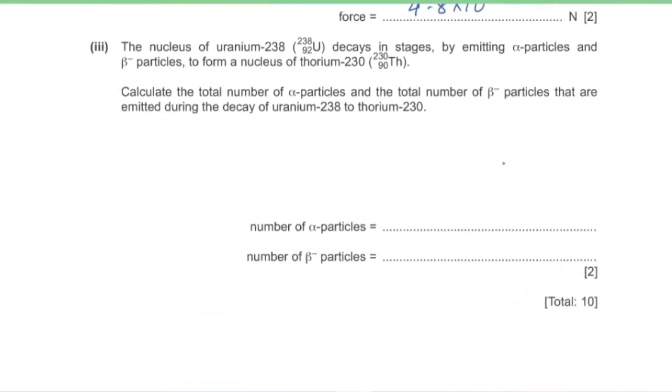The nucleus of uranium decays in stages by emitting alpha particles and beta minus particles to form a nucleus of thorium-230. Calculate the total number of alpha particles and the total number of beta minus particles. So uranium-238, 92, converts to alpha particles, beta minus particles, and thorium.